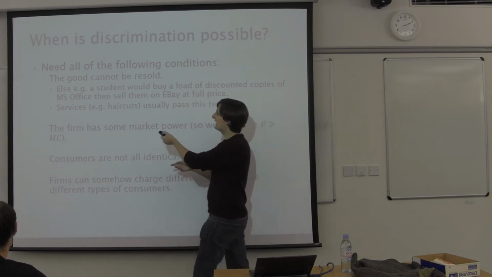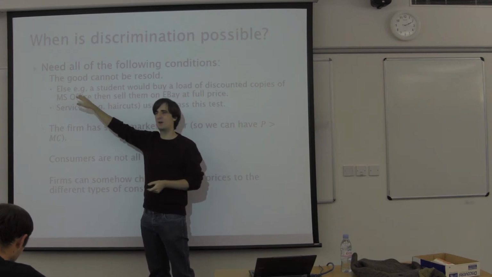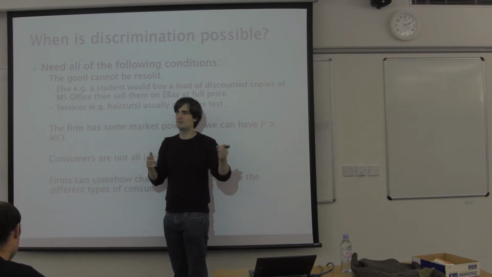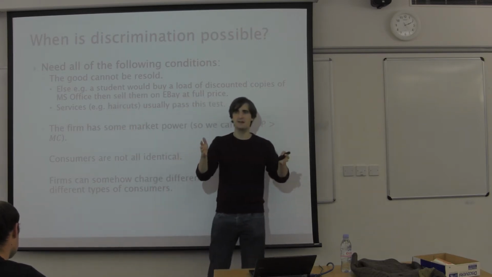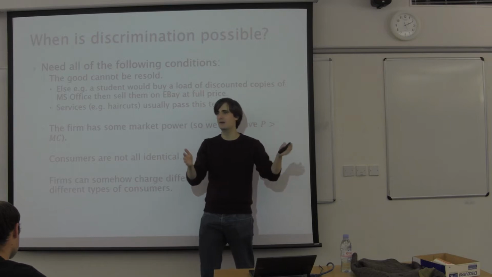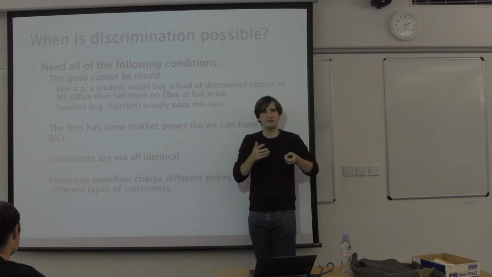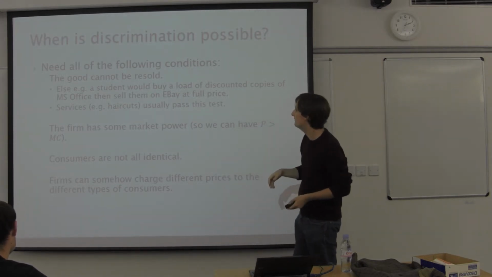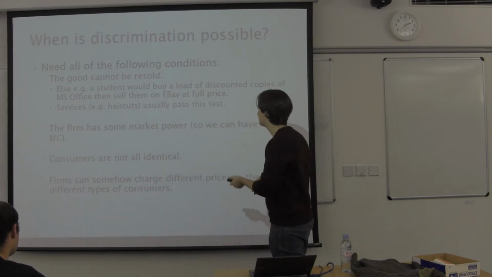And this is one explanation for why Microsoft is now changing a lot of their products into services rather than bundled packages. If you buy Office now, you get a 3-year subscription, and it lasts for 3 years and then it stops. So rather than being a product, it's now a service where they're renting it to you for 3 years. And this makes it easier for them to do price discrimination.